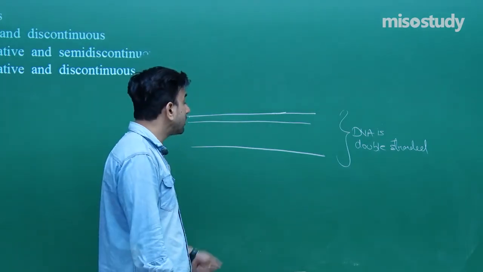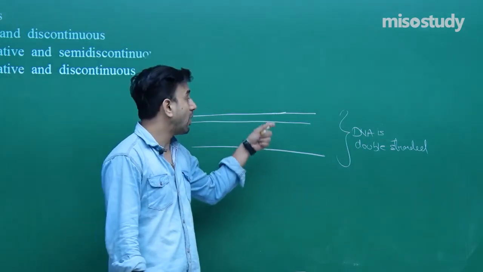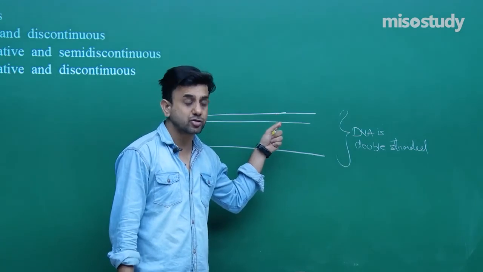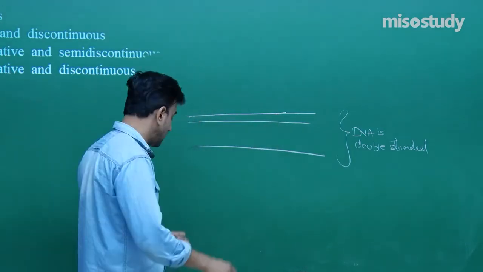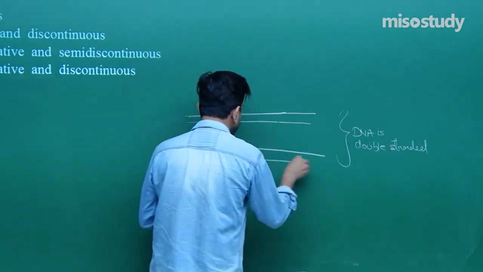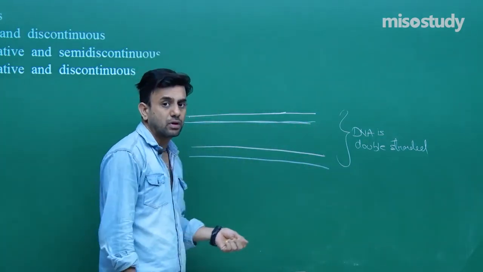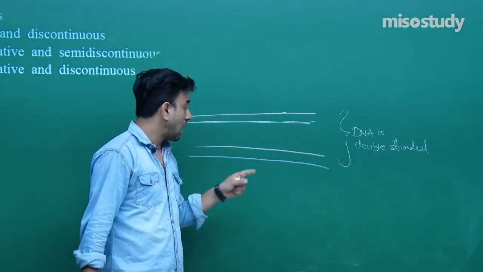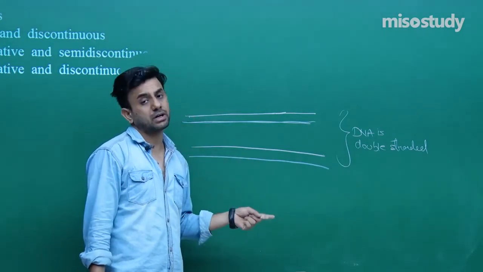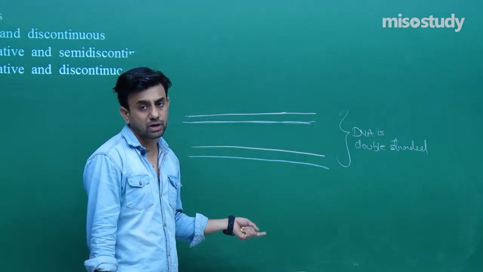Why semi-conservative? Because in the new DNA formed, one is the parent strand and the other is a daughter strand. Similarly, here one is the parent strand and the other one is the daughter strand. Had both been the same, it would have been conservative.